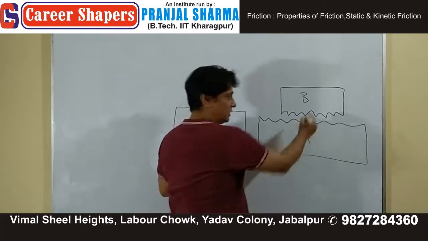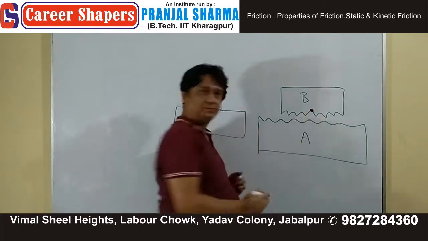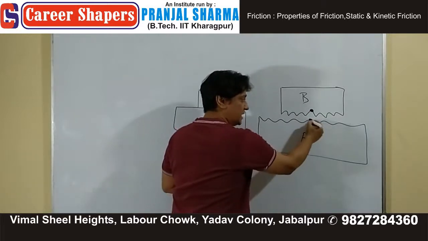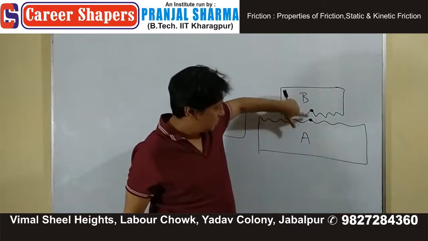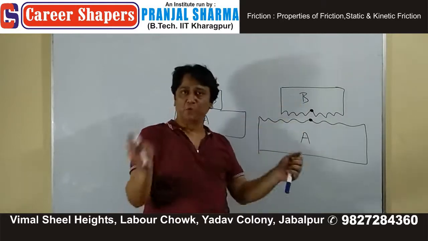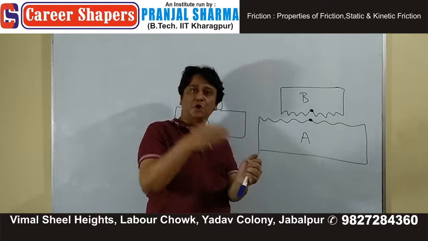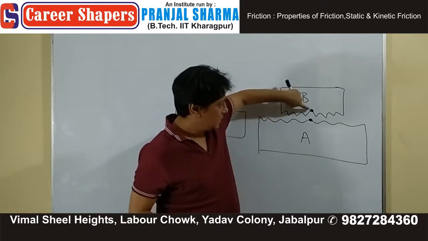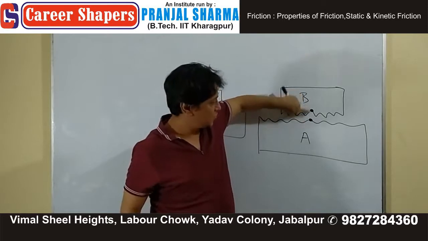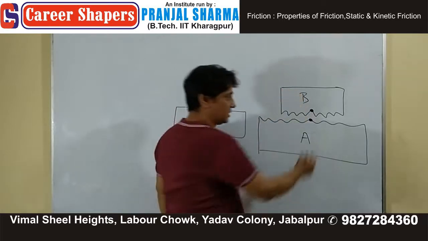This atom is not in contact with this atom, there is a large separation between these two. Even when you place them one on top of the other, if you look microscopically, there is a separation between this and this.